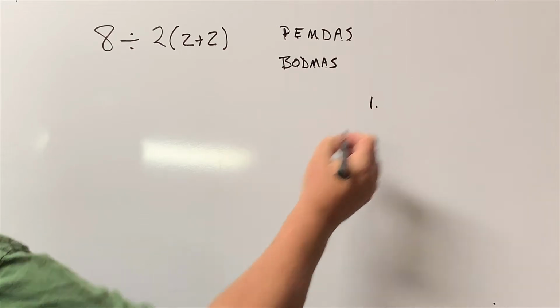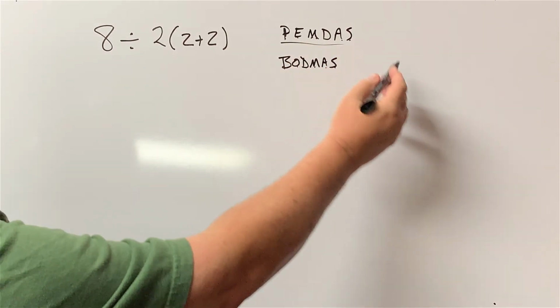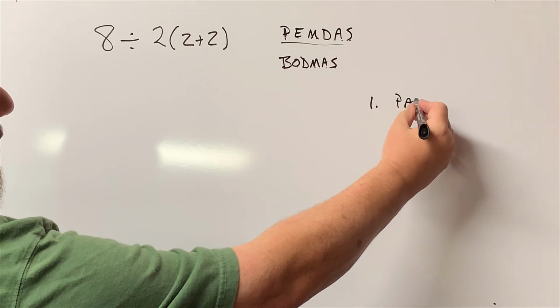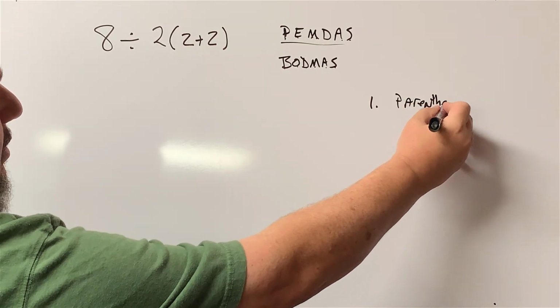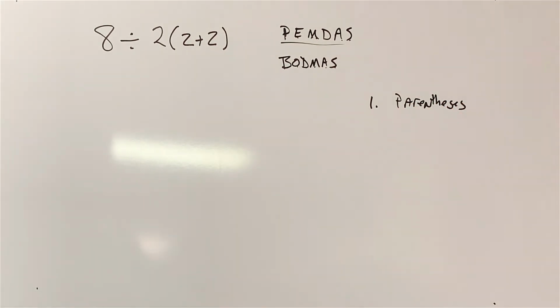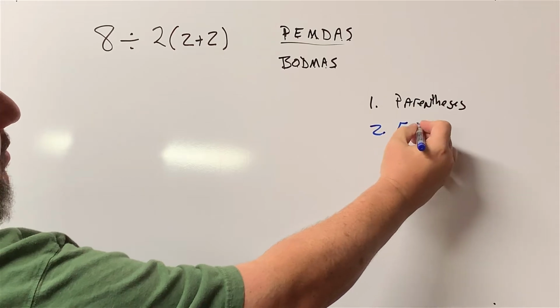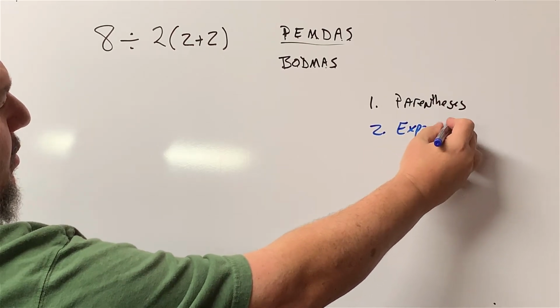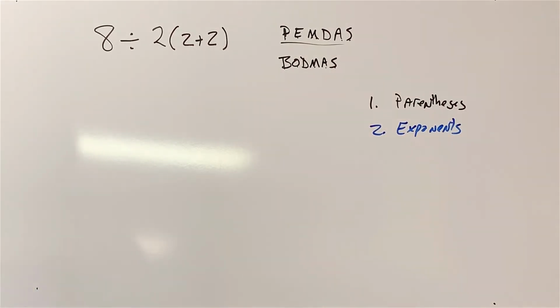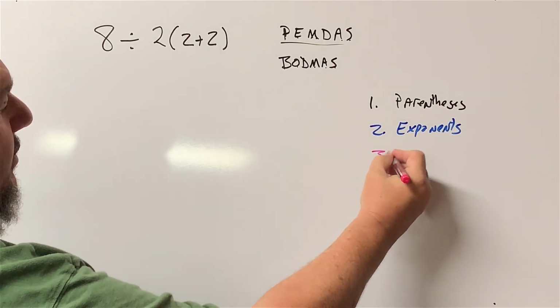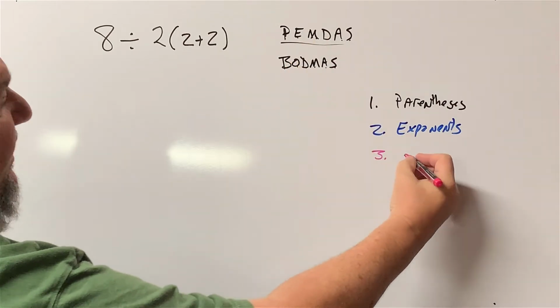We have to rank them in order of power or importance. So rank number 1 for the system would be the parentheses. Then the next most important rank would be exponents. Then the next most important rank is a tie between multiplication and division.